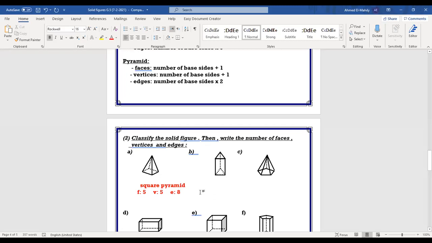Now the second solid. Is this one a pyramid or prism? Triangle. Firstly, is it a pyramid or prism? Prism. Sorry, it's a prism. Okay, what is the name of the base?